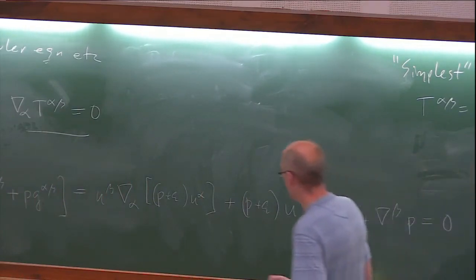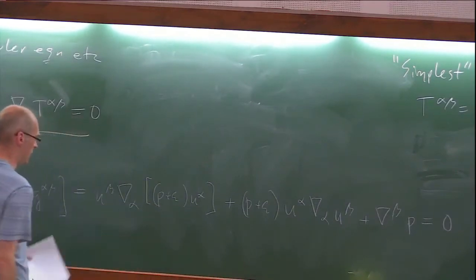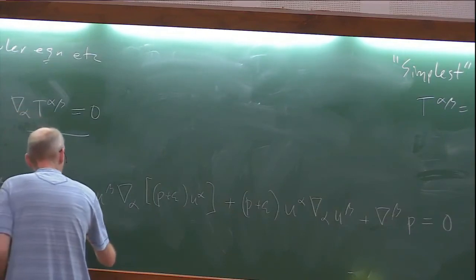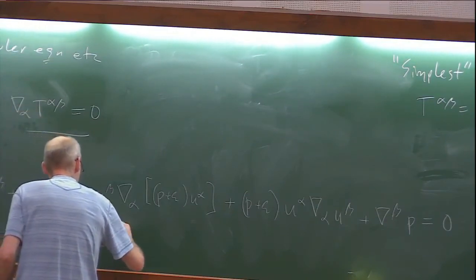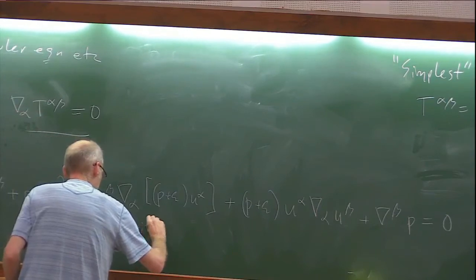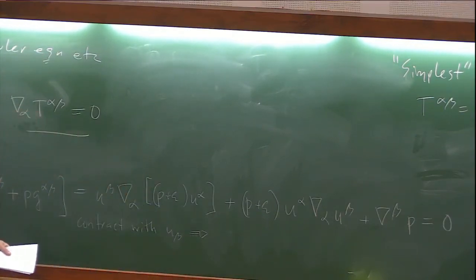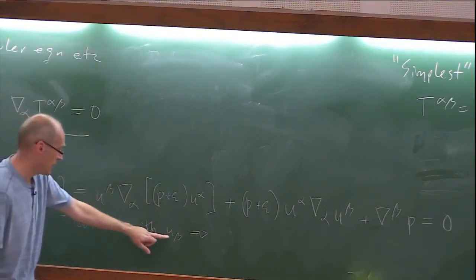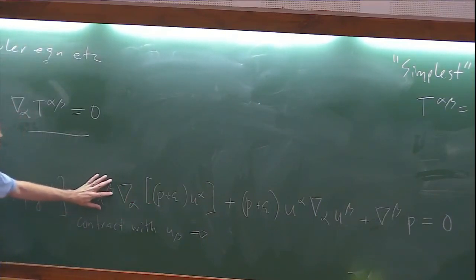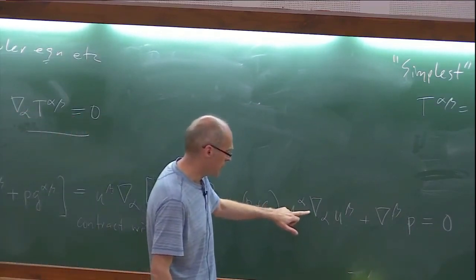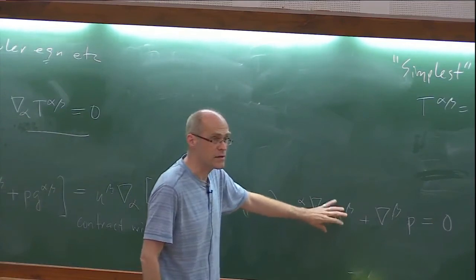So then, this is still an equation, this is the whole thing, but let's isolate one component. Let's multiply this thing with u beta downstairs. The first term, u beta hitting this, is just u beta contracted with itself, which is -1. The second term, u beta here, becomes u beta derivative of u beta, that was 0.